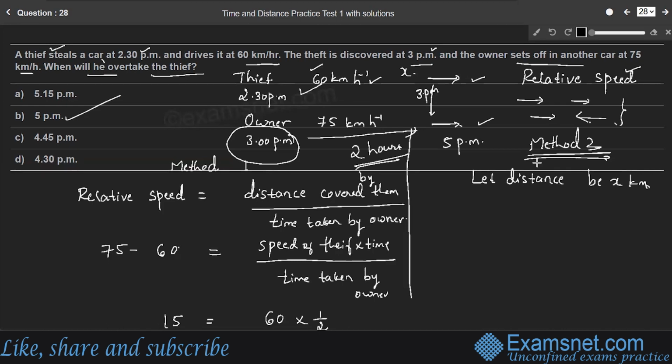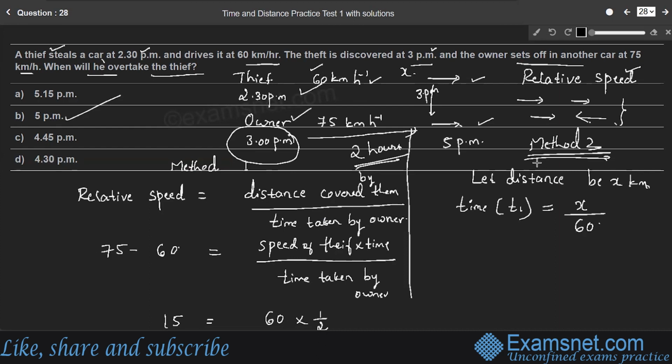To cover that distance, what is the time taken by the thief? Time T1 we'll consider. According to the concept, time is equal to distance by speed. The speed of the thief is 60 kilometers per hour, so x by 60 is the time taken by him.